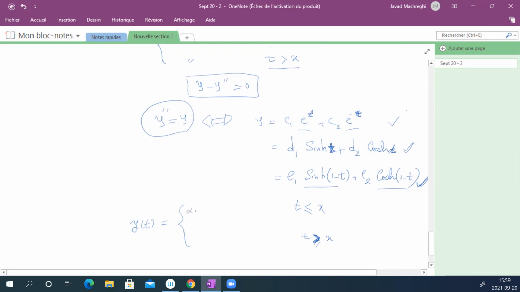So alpha sine hyperbolic t plus beta cosine hyperbolic t. And for t bigger than x, I use the third one: gamma sine hyperbolic 1 minus t plus eta cosine hyperbolic 1 minus t.